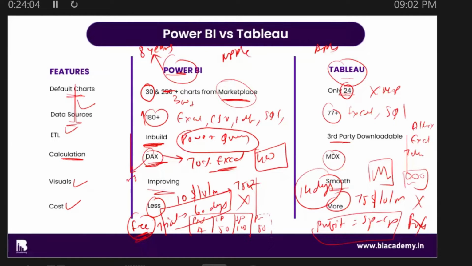Akshay, I just want to know, what does MDX stand for? What is the full form of MDX? And does it work the same way the DAX function works in Power BI? DAX's full form I know, it is Data Analysis Expressions. MDX, I use Tableau very little, so I'm not aware of it right now. I knew it, but currently I forgot it.